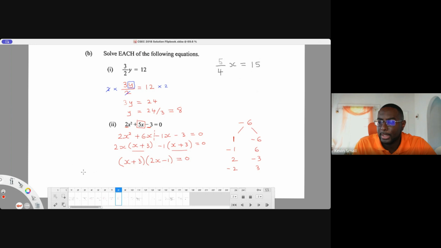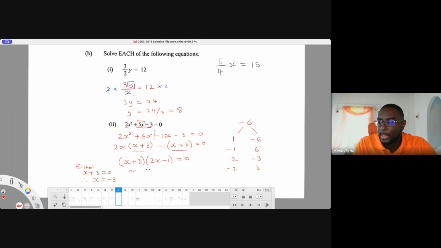So I will say that x plus 3 equals to 0. Therefore, the only way that's possible is if x is equal to -3. So this is either, and the other one is or. So either or.